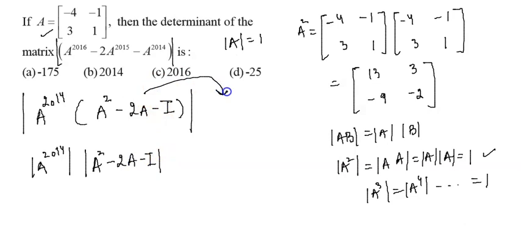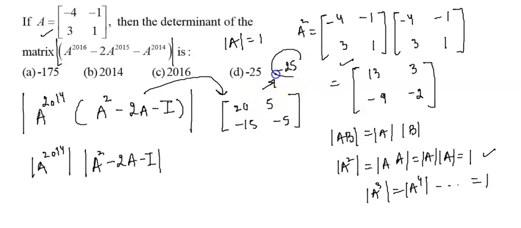A square minus 2A minus I, you can calculate it because A square is [13, 3; -9, -2]. If you calculate it, you will get this matrix [2, 5; -15, -5]. Now its determinant will be minus 25 and determinant of this is 1.